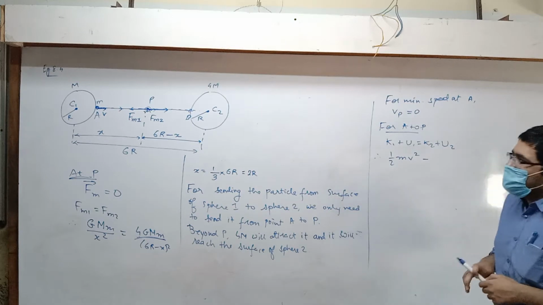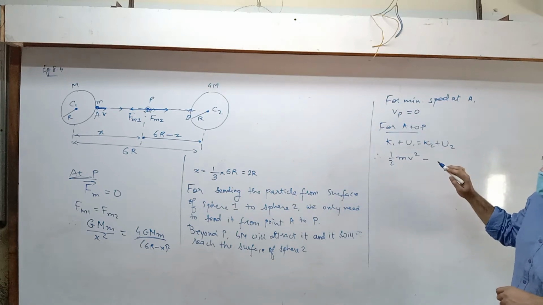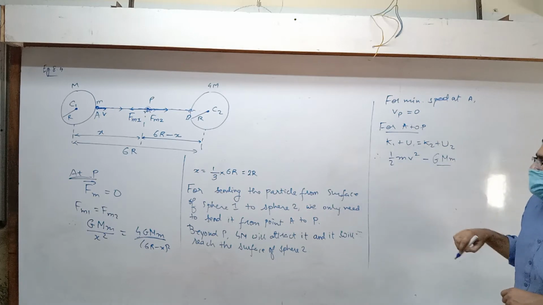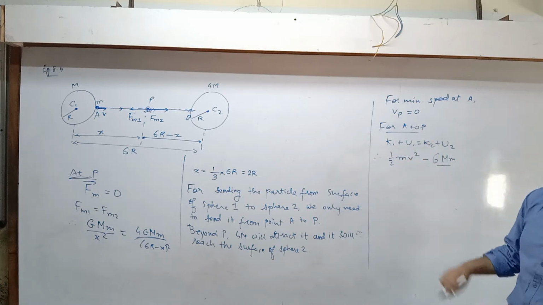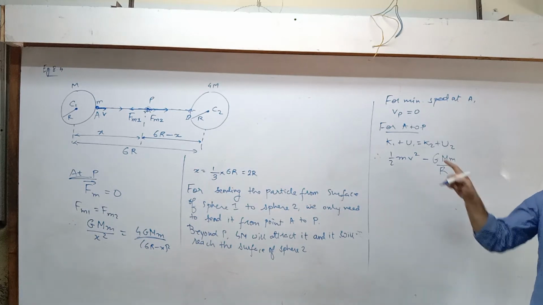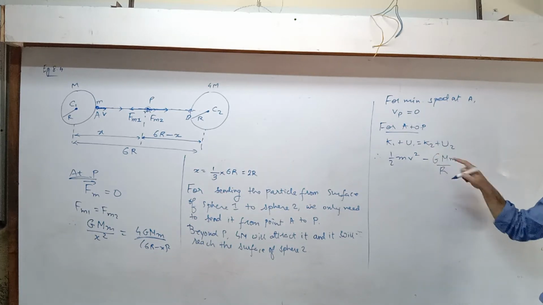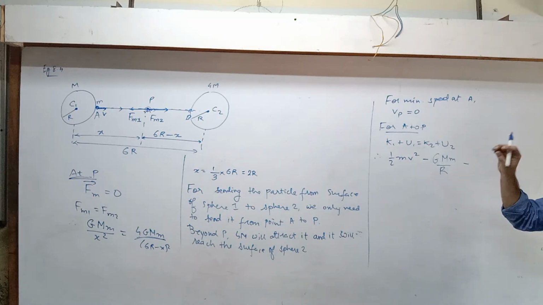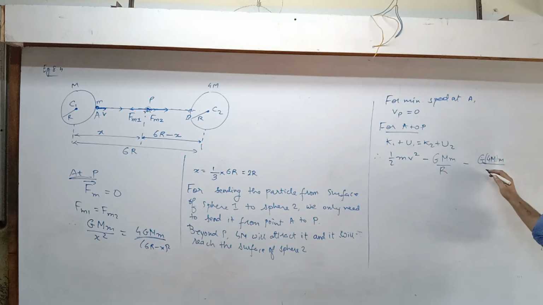So potential energy. First of all, small m with capital M: minus G capital M small m divided by, it's a point mass outside the sphere, so we have to take the distance from the center, that is R. Initially, this is for A. Now small m with 4 capital M: minus G 4M small m divided by 5R.